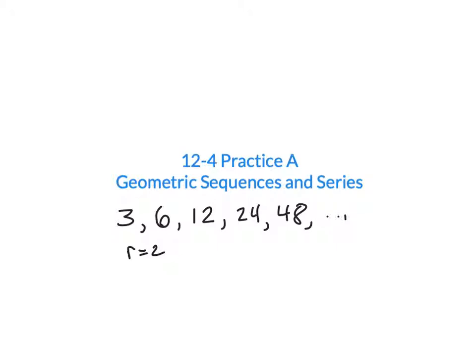When we talk about the series, we're talking about adding up a certain number of terms. 3 plus 6 plus 12 plus 24 plus 48 plus ... So this one here, this would be the series. So that's the gist of the lesson. Now let's get some details about how we're going to compute these values and solve the problems.